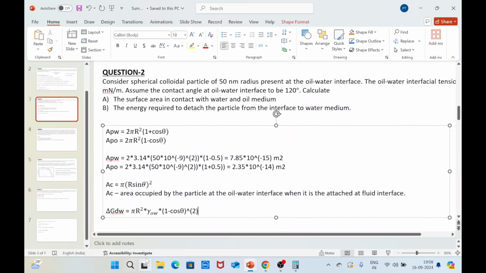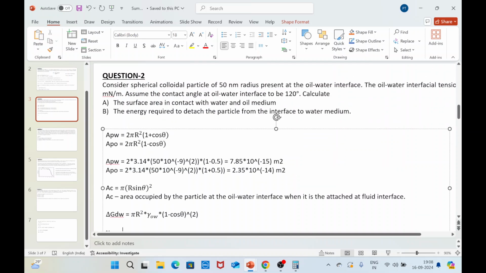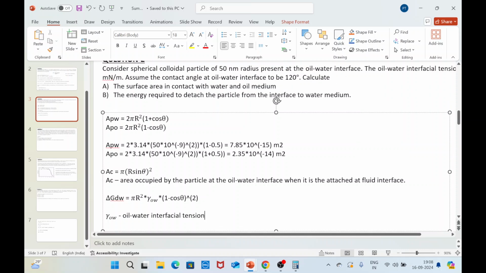This gamma OW is nothing but the oil water interfacial tension. So this is the surface tension that exists between the two mediums of oil and water.